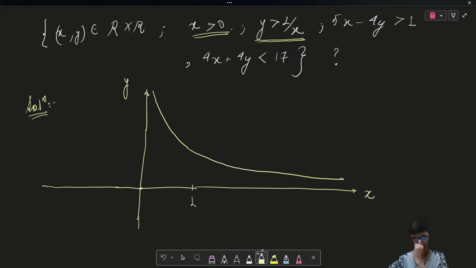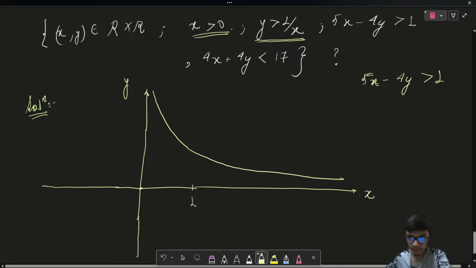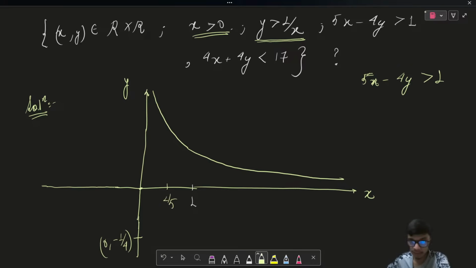Now the next is a straight line, 5x minus 4y greater than 1, which I can draw easily. At x equal to 0, y is equal to minus 1 upon 4, so this point is 0 comma minus 1 upon 4, and at y equal to 0, x is 1 upon 5.